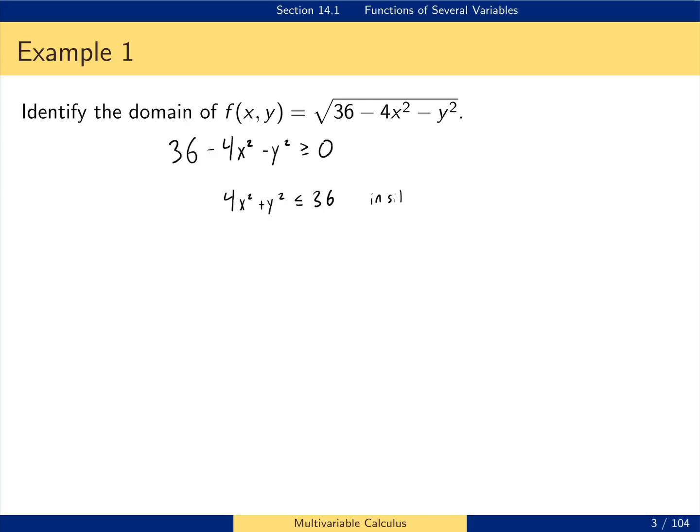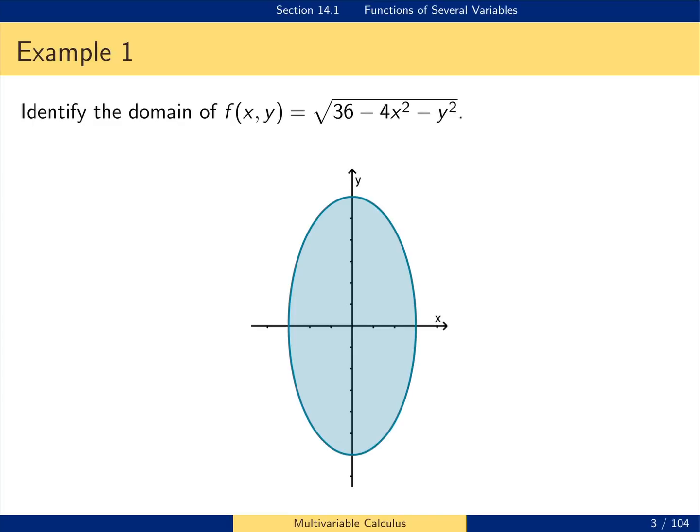This describes the inside of an ellipse. Let's see a picture. If you plug any point inside this ellipse into the function, you get a valid numerical answer. If you use any point outside, the square root will be undefined.